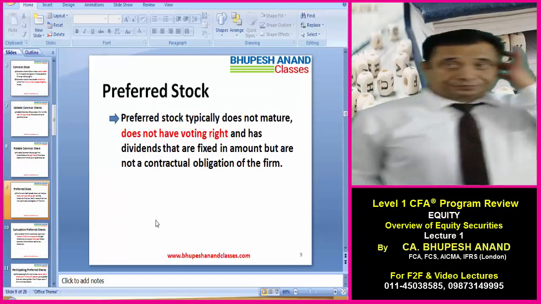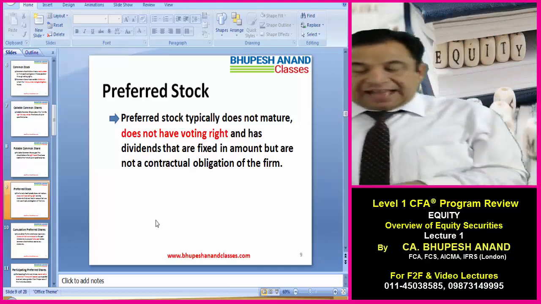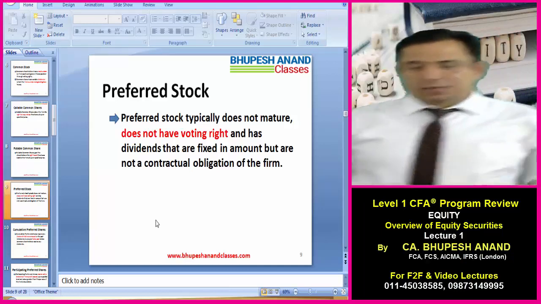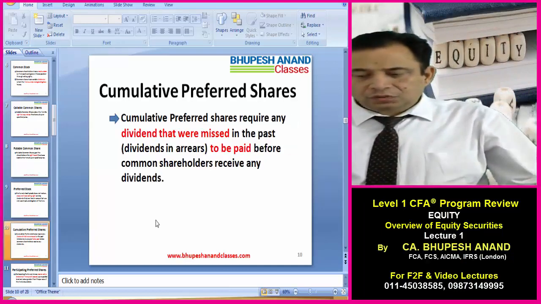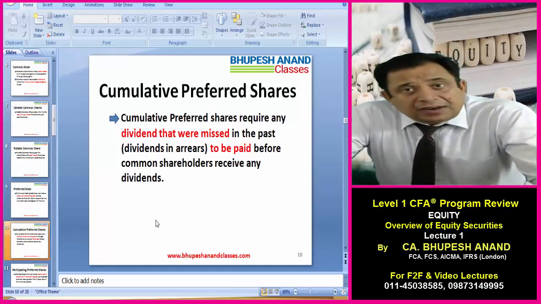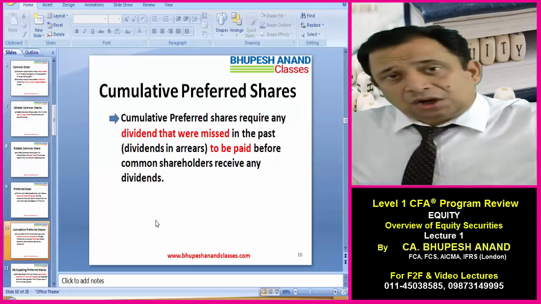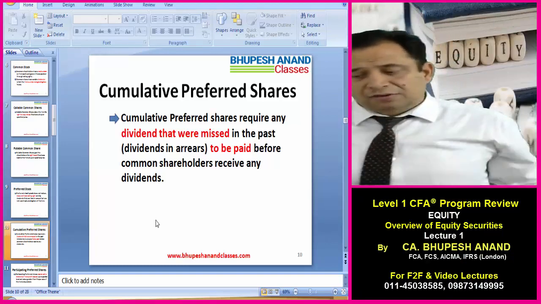Preferred stock does not have voting rights, but it has a right to get a fixed amount of dividend. Cumulative preferred stock: in case of losses, that dividend will be cumulative and will be paid in the years of profit. It means in the years of profit, all those dividends which were not paid in the loss years will accumulate and be paid.